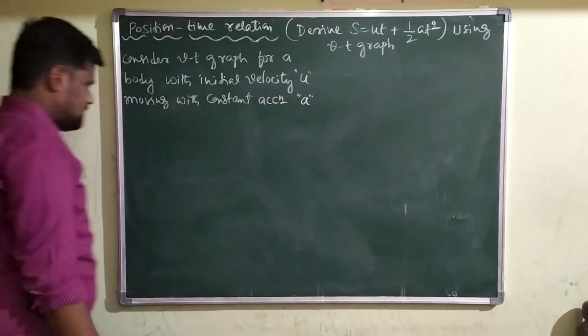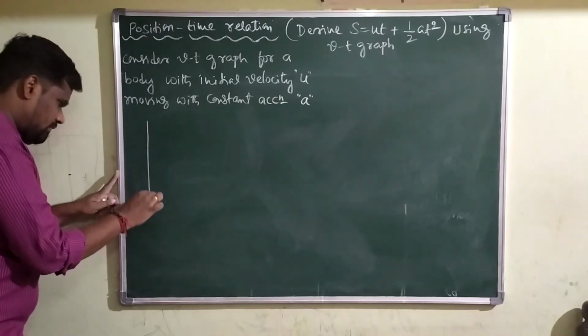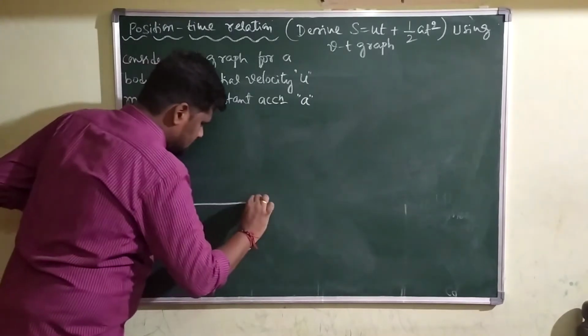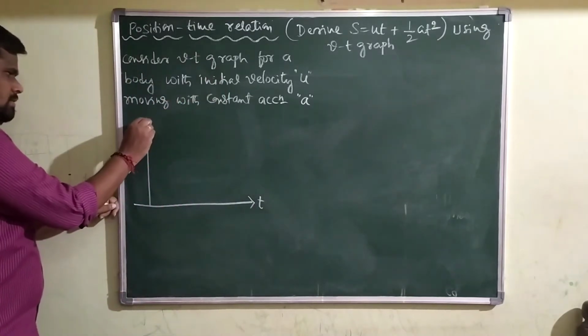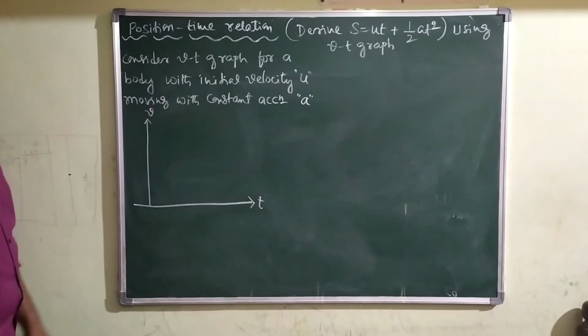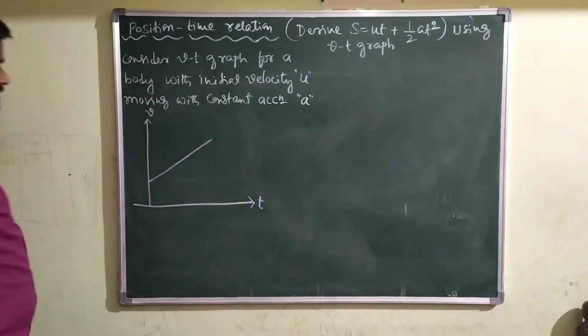Okay. What was the nature of the graph? Last class we discussed the same graph here. The graph will be like this. Time is taken along x-axis, velocity is taken along y-axis. The graph starts somewhere from here.